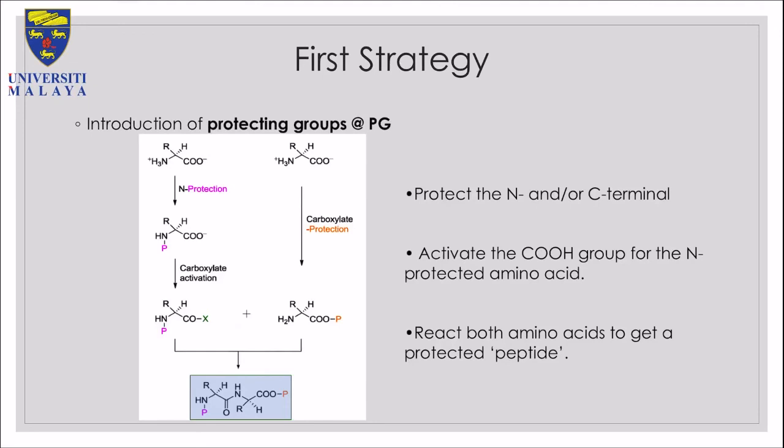If I'm not mistaken, you actually did learn a lot of ways by which you can introduce protecting groups. For example, a simple protecting group for a ketone or an aldehyde is by introducing a diol. So this is just an example.